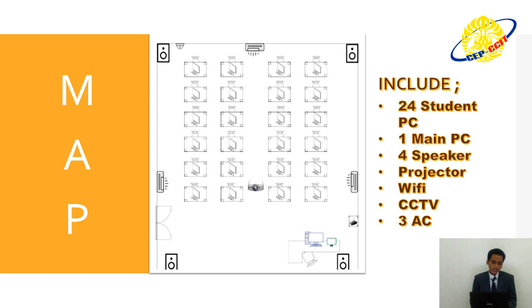We add one projector, a printer, internet access, and of course for security we add CCTV. To explain in more depth about the devices we use, I will hand over to my other colleague, Andrew Kurniawan.